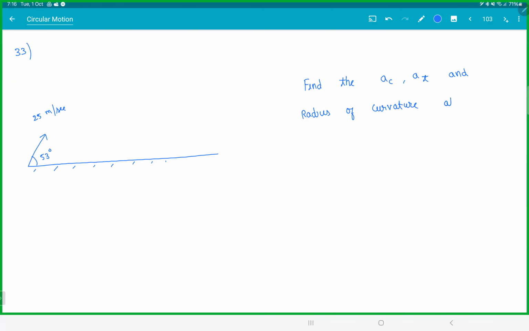We will see. The numbers we'll see later. T is equal to 1 second. I think I'll get some bad numbers there. Okay, let's get this. 25 meters per second at an angle 53 degrees. Gravity is there.